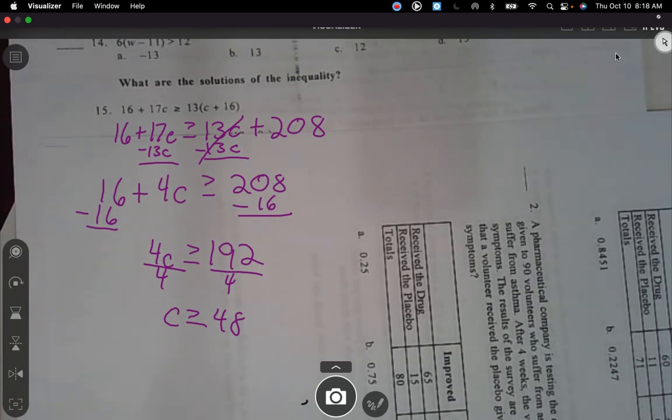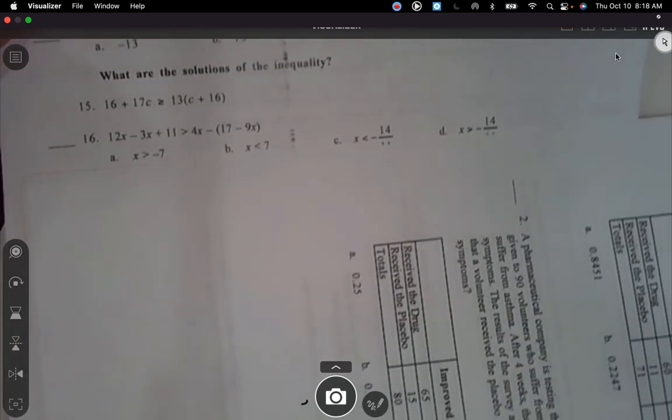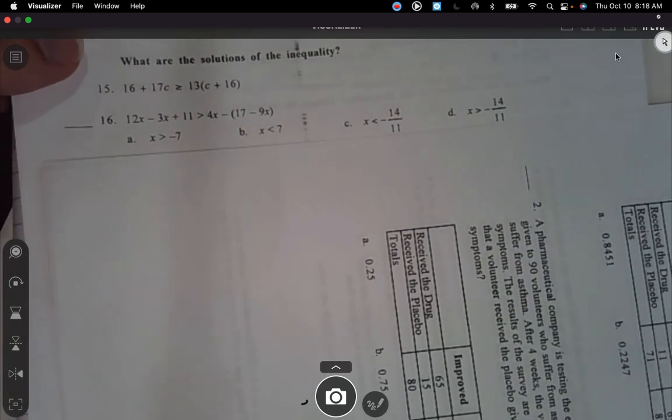Everybody's good? Yeah? Okay. And I don't have to graph, so I won't graph. I think graphing is just all on that first part. Okay, let's keep going. I probably won't put 16 on there, okay? Let me write that down. I think I'm going to take 16 off.